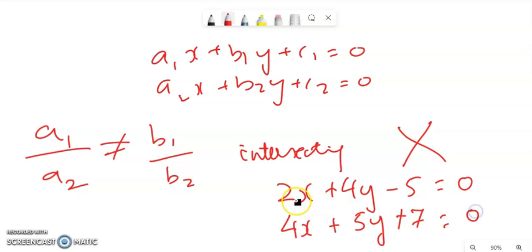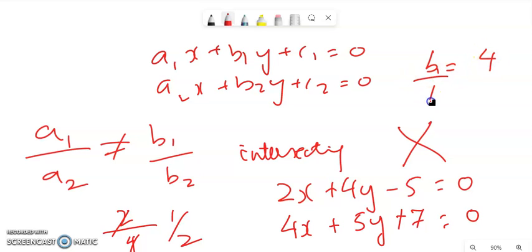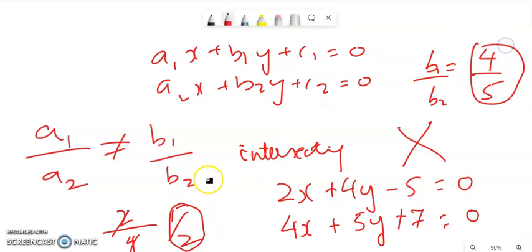Now see here, what is my a1? a1 is 2 and a2 is 4, so it is 1 over 2. And what is my b1 and b2? b1 is 4 and b2 is 5, so 4 by 5. So obviously a1 by a2 is not equal to b1 by b2. Hence when I plot these lines on the graph, they will be intersecting. So this is the condition for intersection.